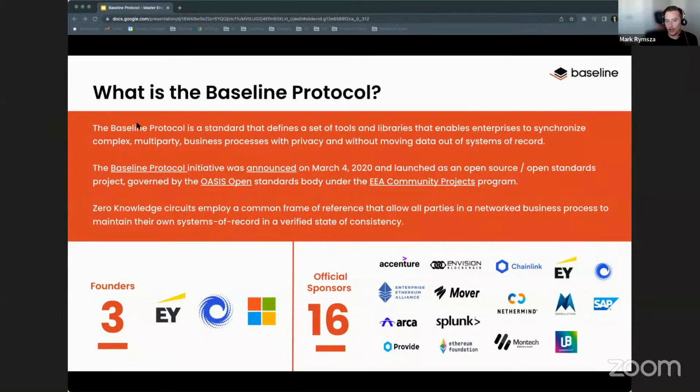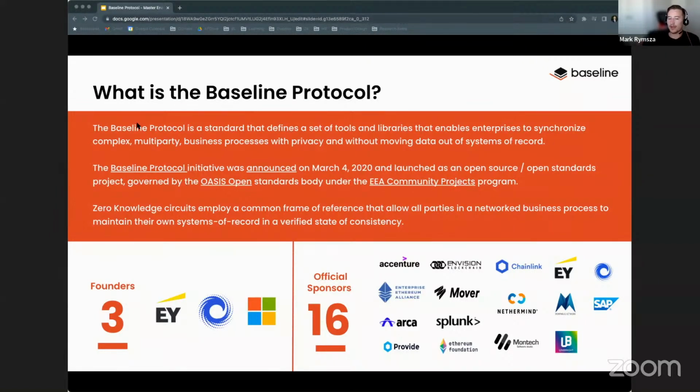Correct. So finally, we get to the baseline protocol here. It's a standard, like I mentioned earlier. There's a little bit of history about it. It was announced in March 2020. It started as an open source project. The main mechanism here is these zero knowledge circuits.